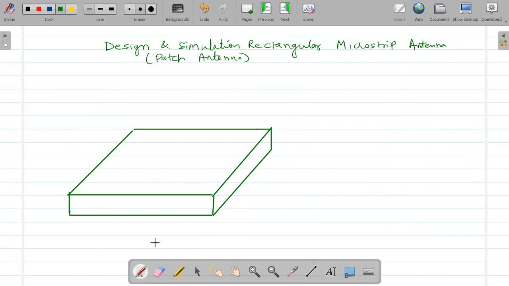We are going to call this the substrate. We'll denote it by capital S, its length will be SL, substrate length, substrate width is SW, and substrate height will be denoted by capital SH. It is height.